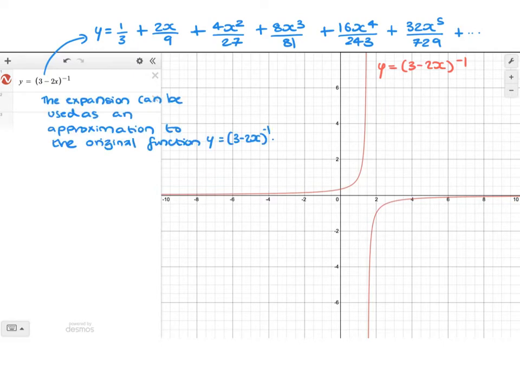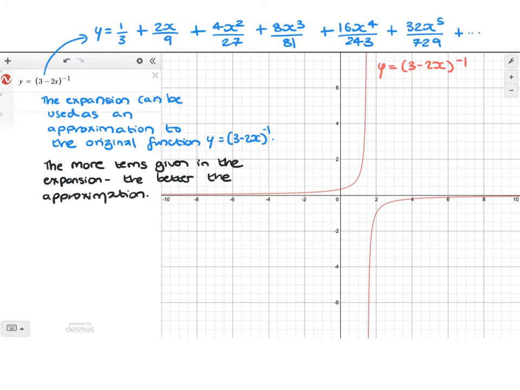Now, is the expansion a good approximation for the original function? Well, the more terms you use in your expansion, the better the approximation. But there is something else that affects how good an expansion is for an approximation to a particular function, and that's whether or not you are within the validity conditions.